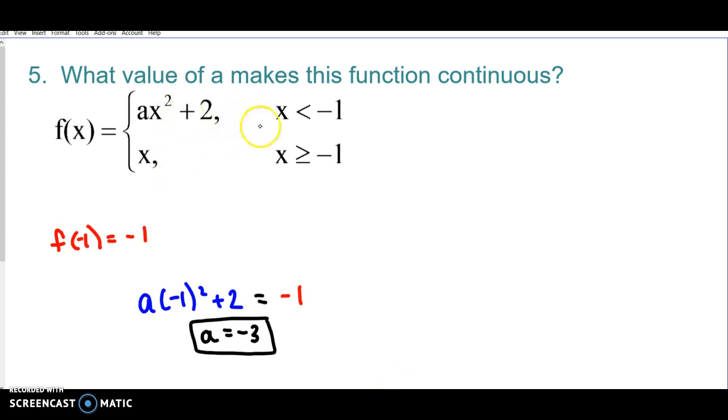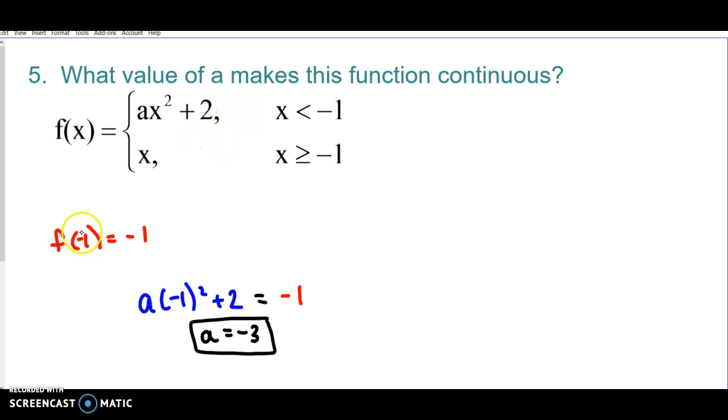Now, clearly this is a piecewise function, and something important for us to recognize is that this piece is a polynomial and this piece is a polynomial, which means that both of these pieces must be continuous everywhere. And we're trying to make these two be continuous at -1. The only possible place that we could have discontinuity is where we jump from one piece to the other, which is at -1. So that's why we want to make these equal each other at -1.